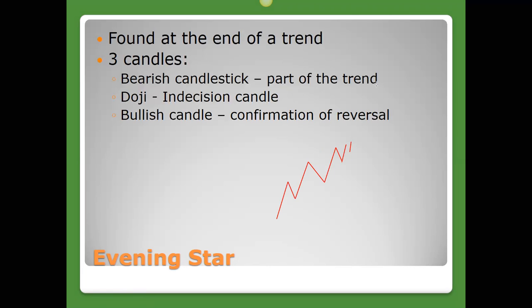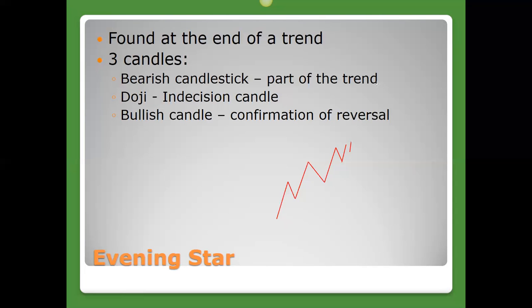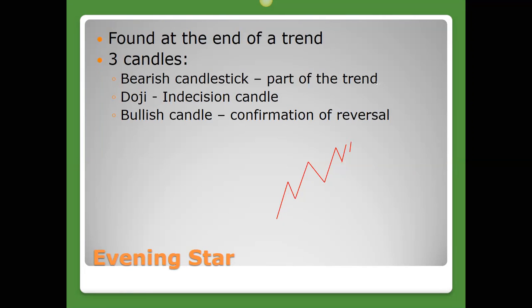In terms of the time frame, it will work in any time frame. It doesn't matter. One hour would be quite nice. I do like those, but you will see the evening stars form in all kinds of time frames, 15 minutes, 5 minutes. Whatever time frame you're trading from is fine. One thing to keep in mind is the importance of the support and resistance area.